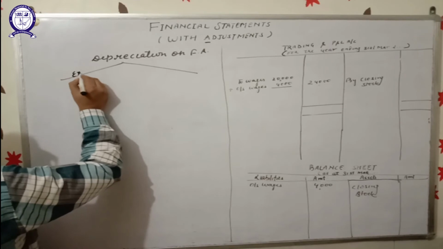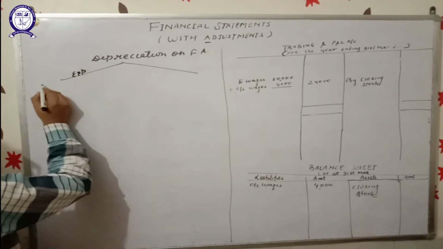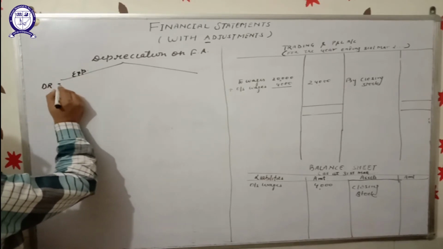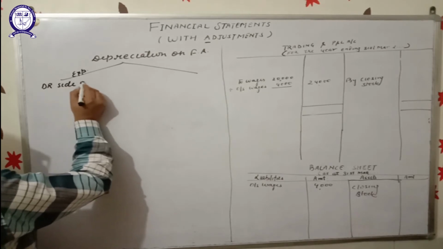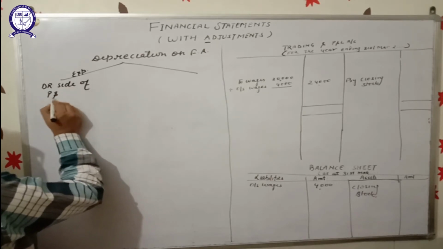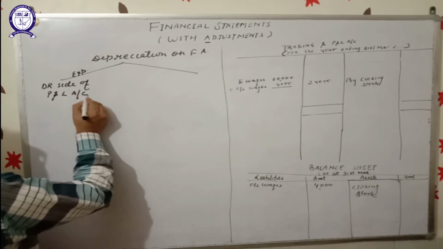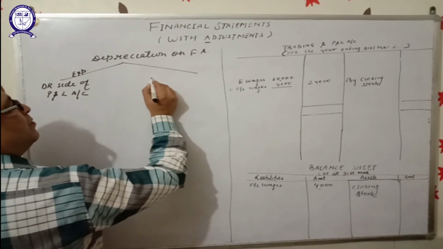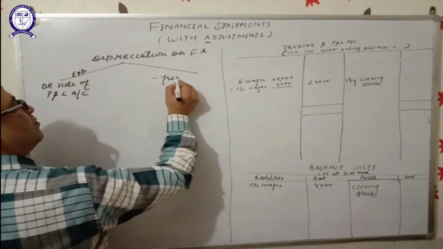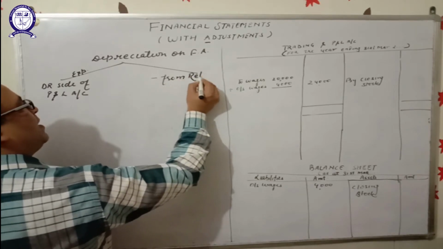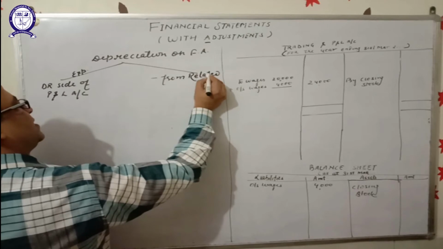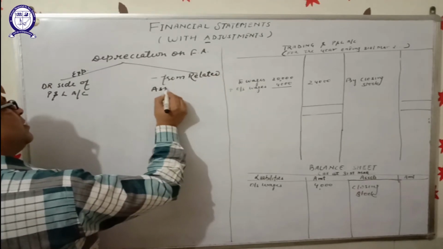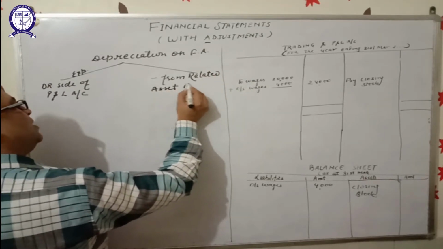So depreciation is an expense for the business. So it will be recorded in the debit side of profit and loss account. On the other hand, it will be deducted from related asset in balance sheet.